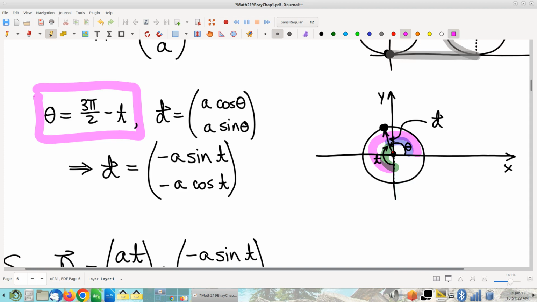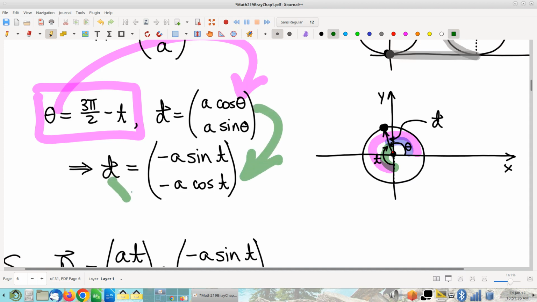You can then take this formula for theta, plug it into there, and simplify using your angle addition formulas, and you get this for your d vector. Right there.